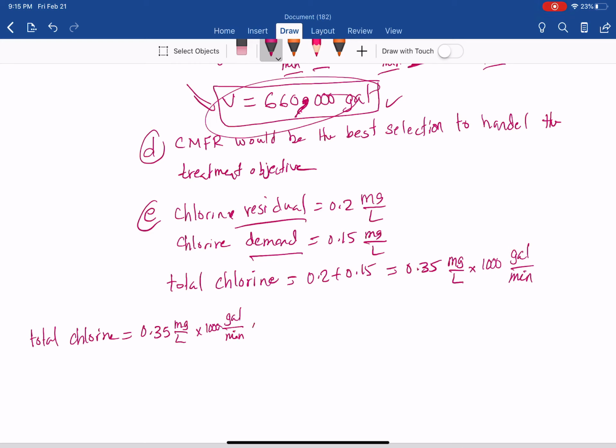Okay, and then gallon to liter. So gallon will cancel out with gallon, and liter with liter. Now you change it to gram because you want it in grams. So milligram to gram. So milligram with milligram. Now you end up with gram per minute.